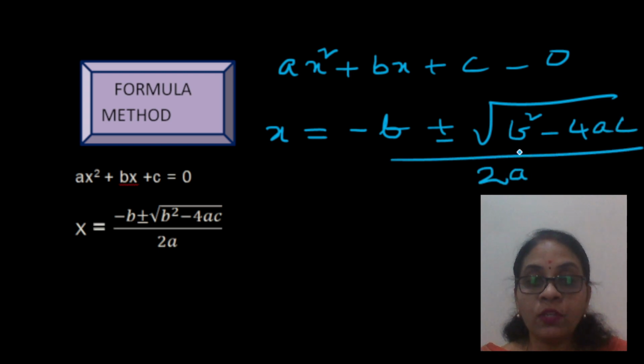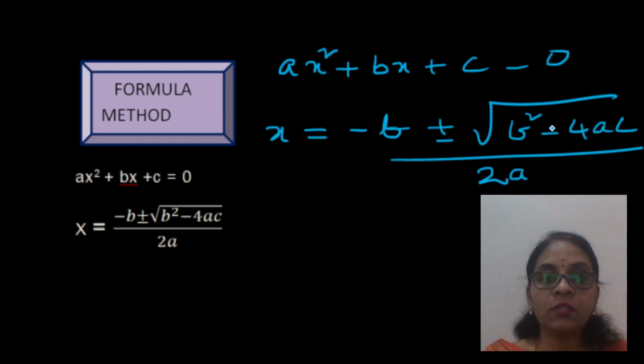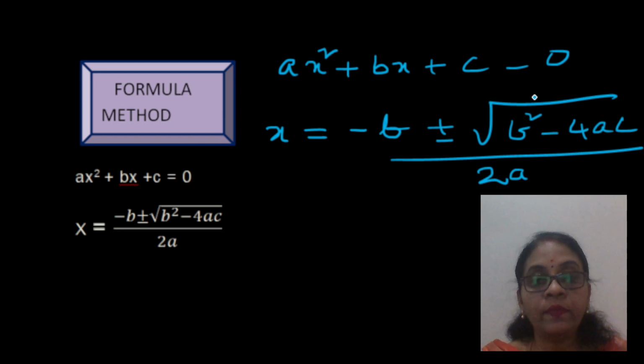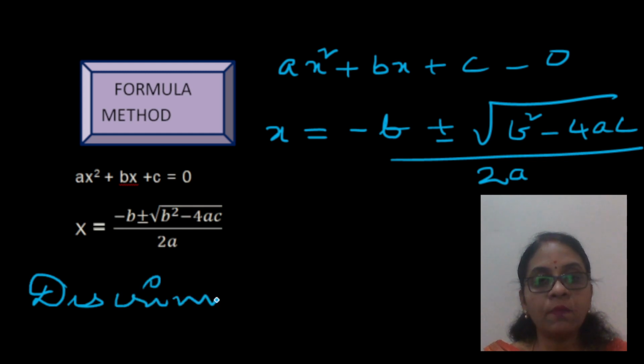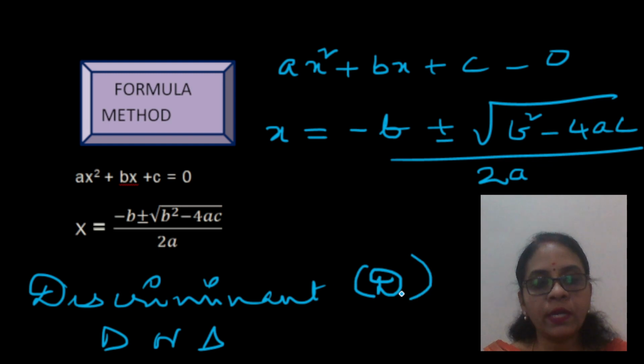Whether a particular equation is factorizable or not factorizable, you can apply this formula and still get the roots of the quadratic equation. The key deciding factor is b square minus 4ac, and this is called the discriminant. It is denoted as d or delta, but most commonly it is denoted as d.